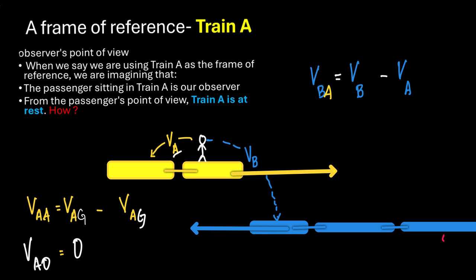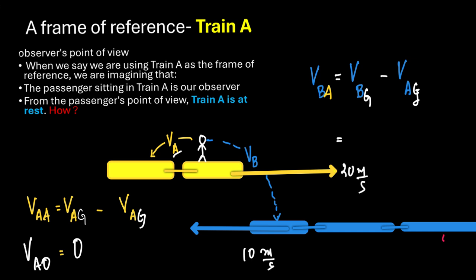Now VB is actually VB with respect to ground, and VA is also VA with respect to ground. Now, what is velocity of B with respect to ground? Let's say for instance, this is moving at 10 meter per second and this is moving at 20 meter per second. A is 20, B is 10.